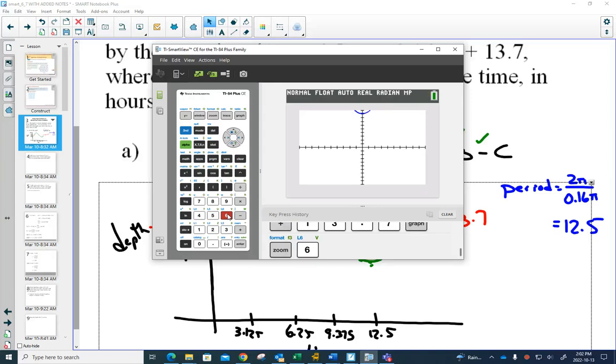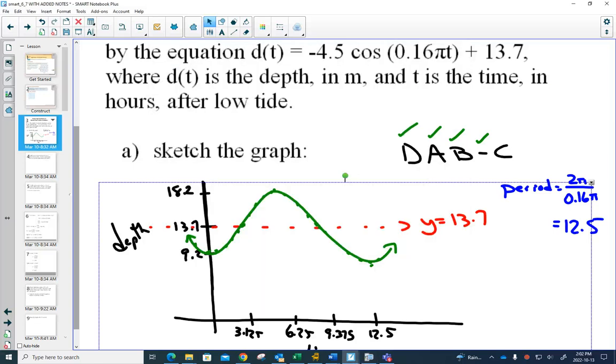Because your normal graph goes from minus 10 to 10, minus 10 to 10. Can you see if I only went up to 10, why I'd only see this little bit? Because this is 9.2. I really want to see up to 12.5, and my maximum I want to see up to 18.2.